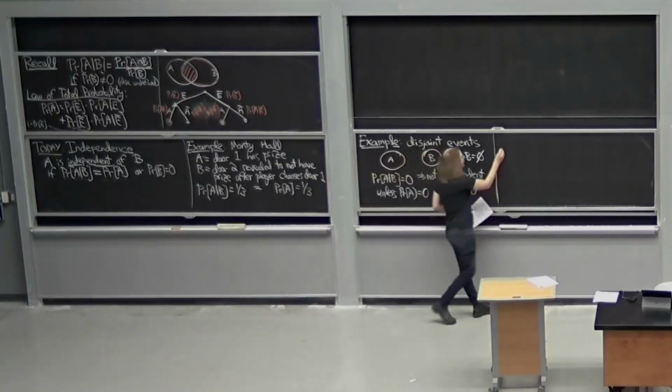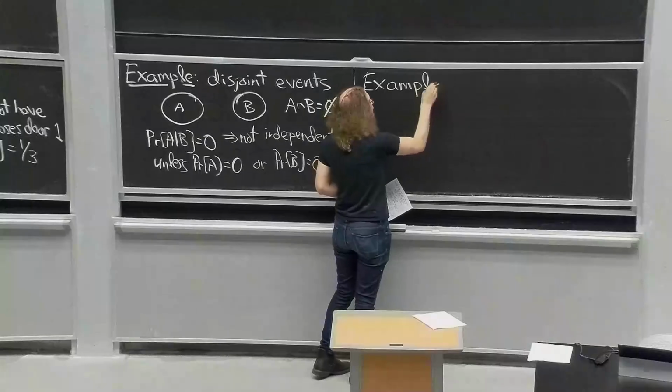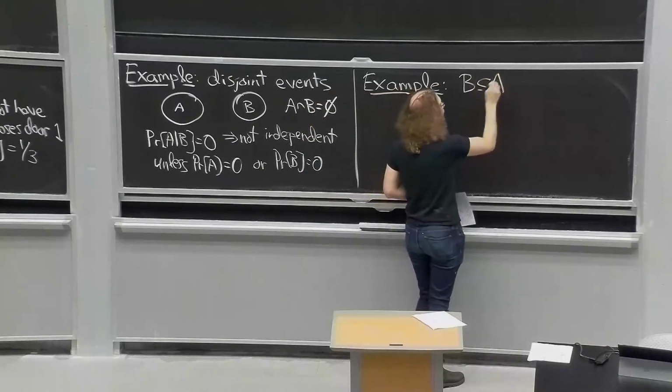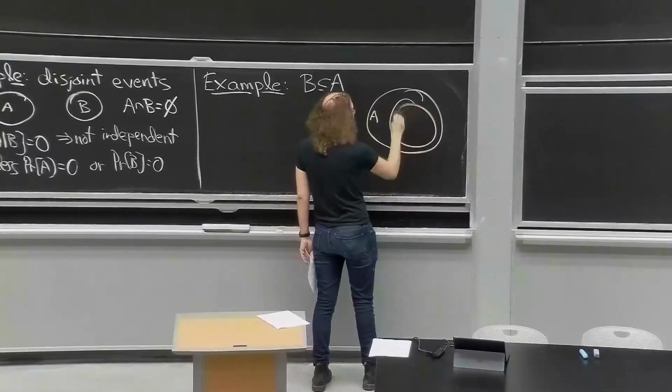OK, another example is subsets. Let's suppose B is a subset of A. So A is the big thing, and B is nestled inside.